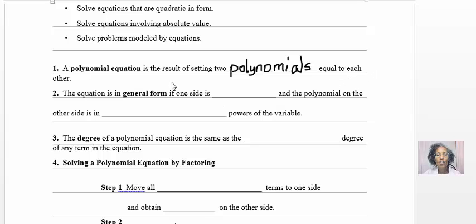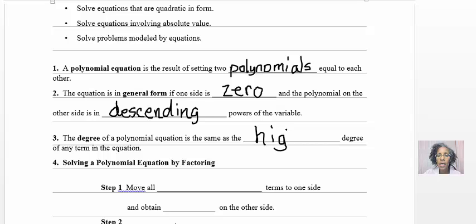The equation is in general form if one side is 0 and the polynomial on the other side is in descending powers of the variable. The degree of a polynomial equation is the same as the highest degree of any term in the equation.